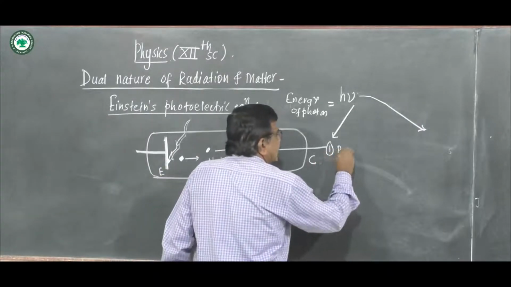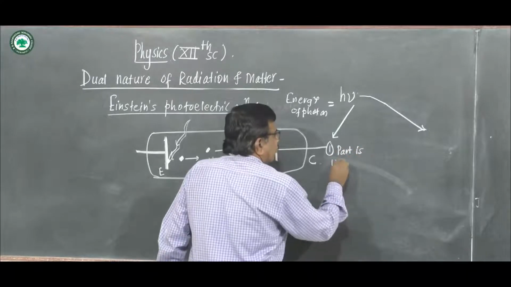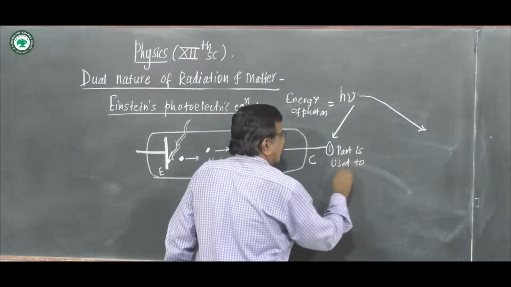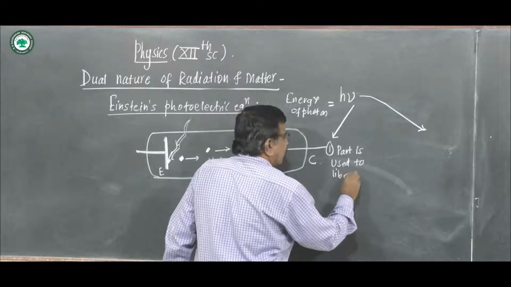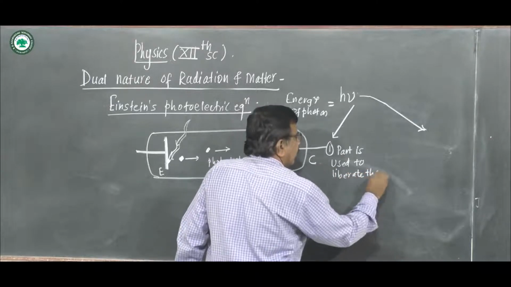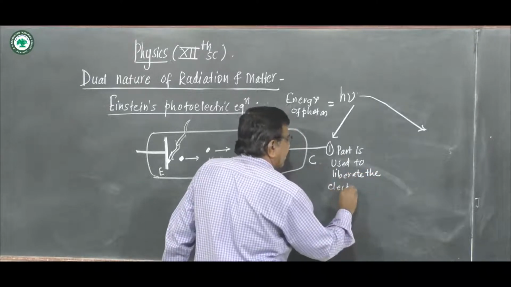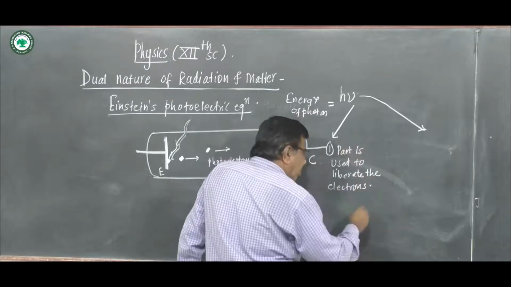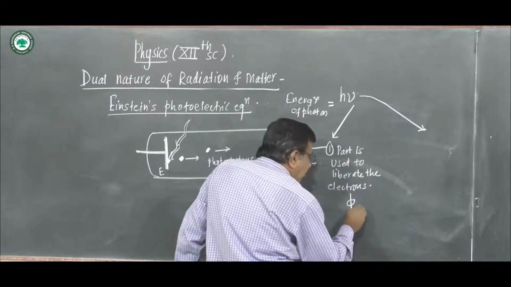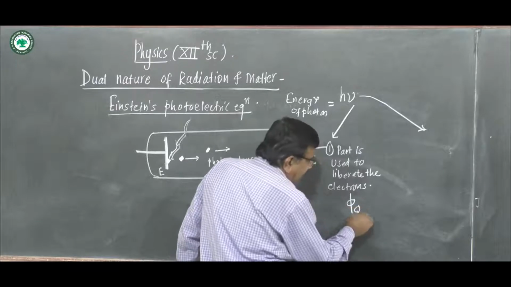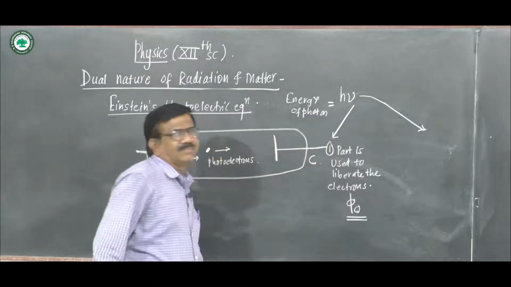Part is used to liberate the electrons from the metal. And we know this part we call it the photoelectric work function, or work function.